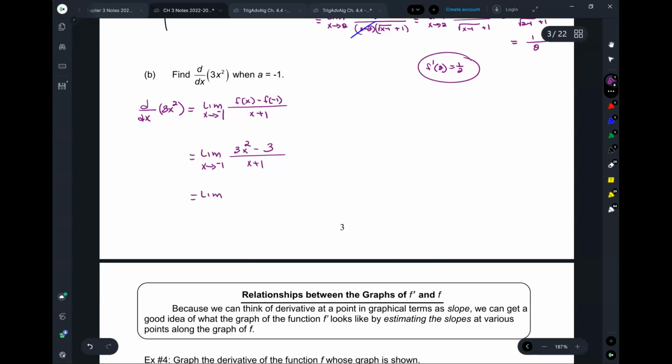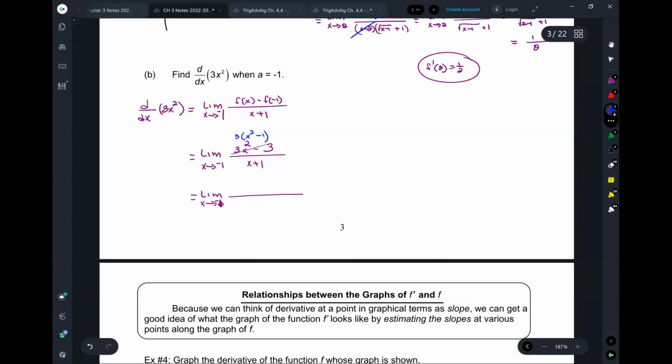Okay, so now, what happens if we put in a negative 1? You get 0 over 0. So that's not going to work. So this, we can only factor this, right? If I take out a 3 here, I get x squared minus 1.